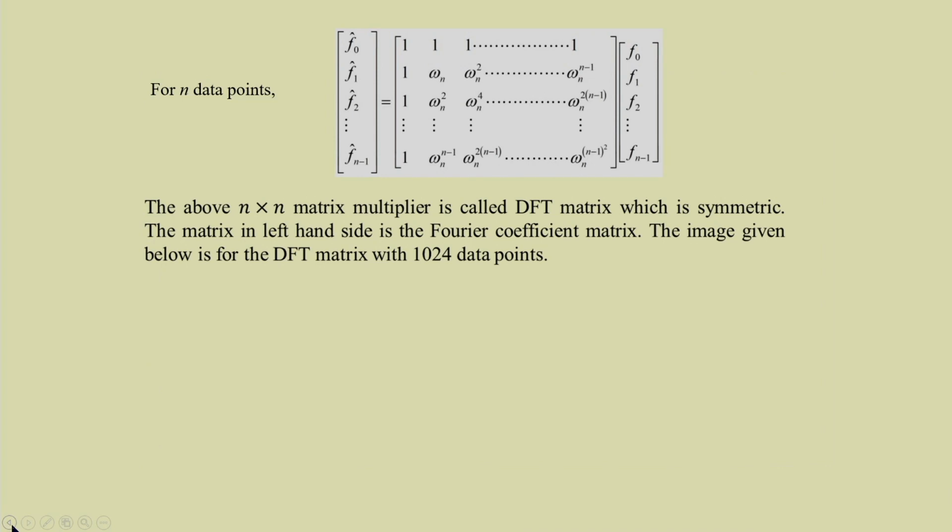So you can see we can find a matrix. We have written f 0 cap equal to f 0 plus f 1 plus f 2, and so on up to f n minus 1.